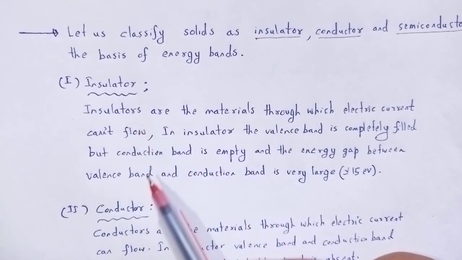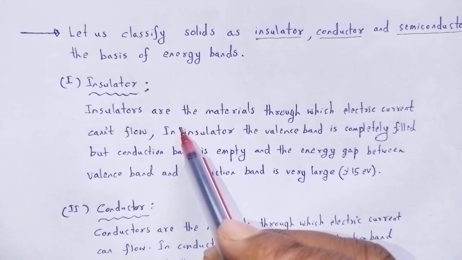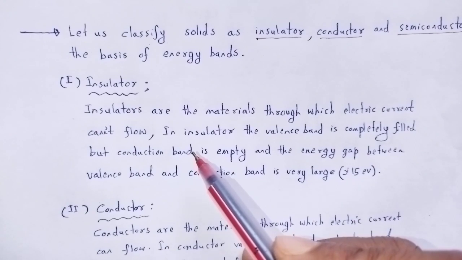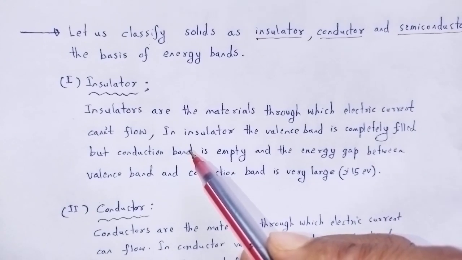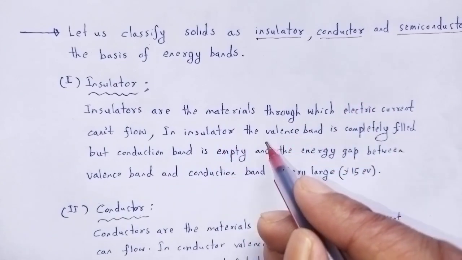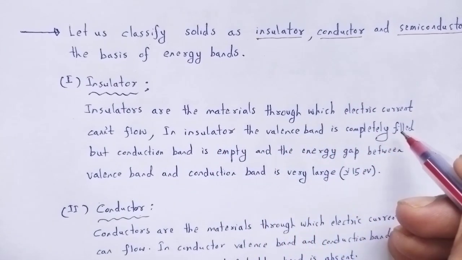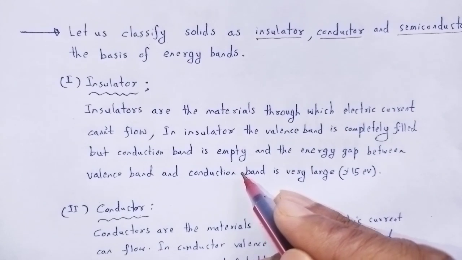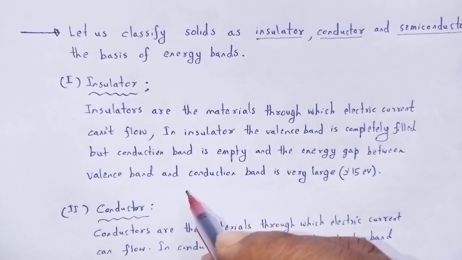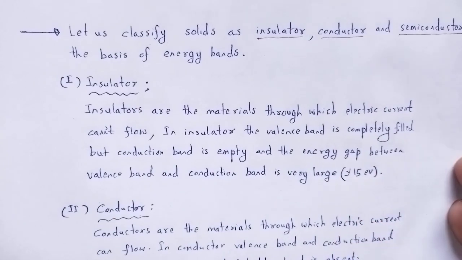What are insulators? Insulators are those materials through which electric current can't flow, and in an insulator, the valency band is completely filled, but the conduction band is totally empty, and the energy gap between the valency band and conduction band is very large.